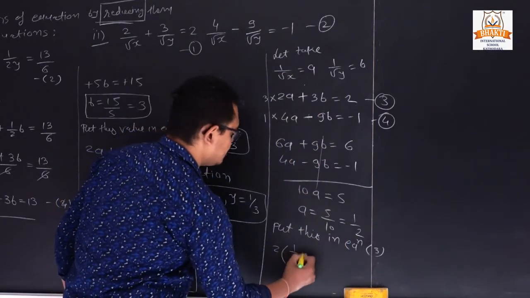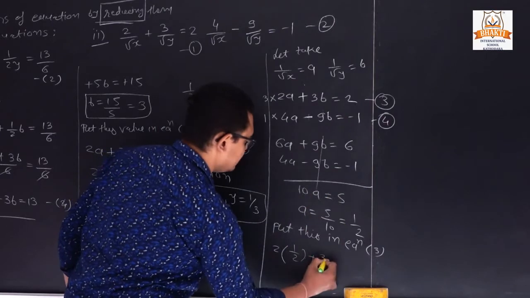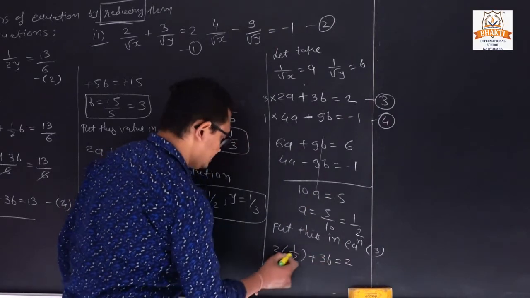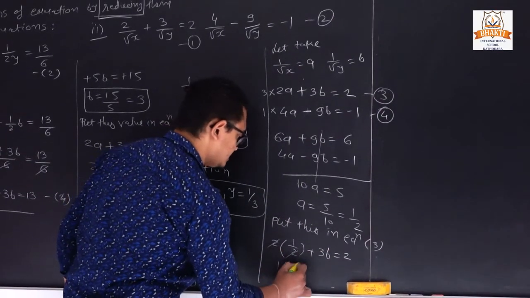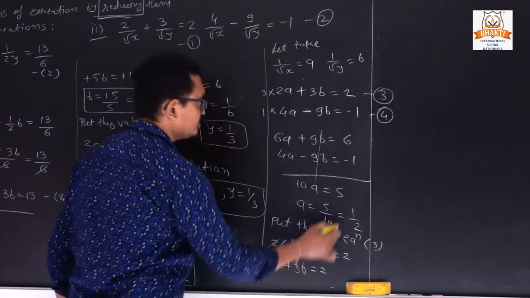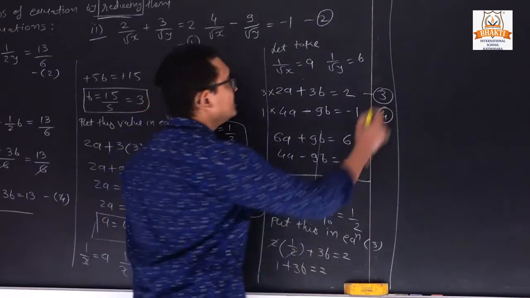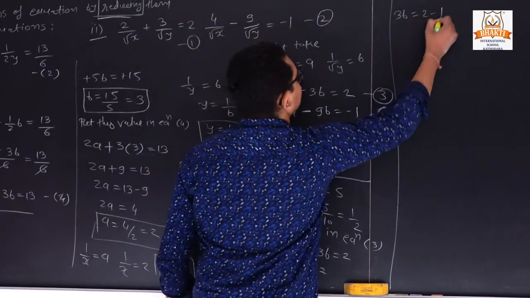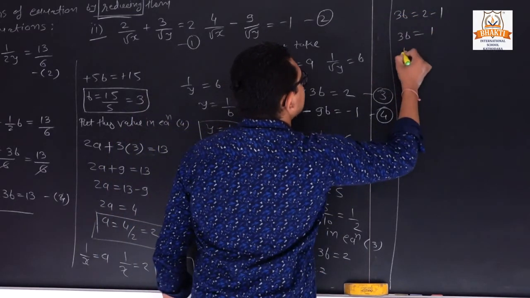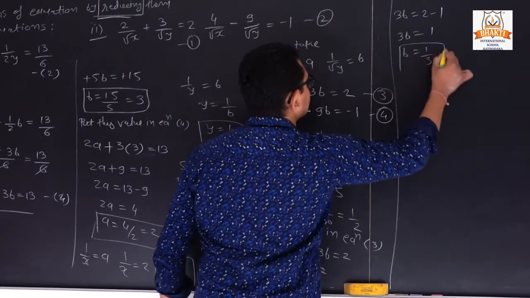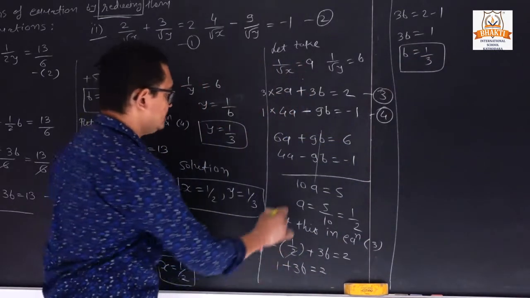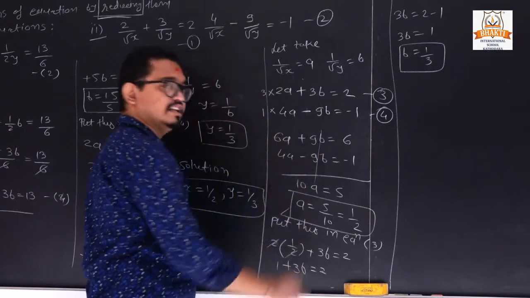It is 1 by 2. b is as usual. Now simplify, 2 2 cut, so 1 plus 3b is equal to 2. This 1 is going to the other side. So 3b is equal to 2 minus 1, so b is equal to 1 by 3. So here we have found the value of a and b.